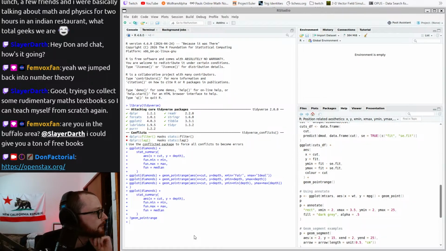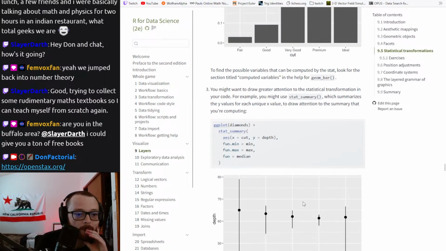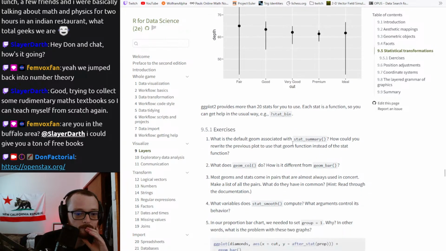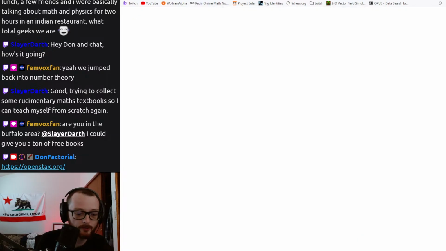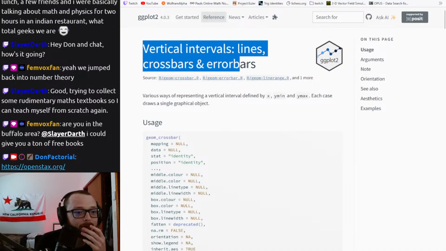Let me look back at the textbook. Actually, geom_pointrange. Also, I really hate the titles for this documentation.